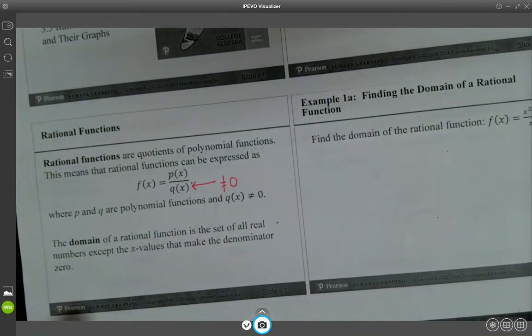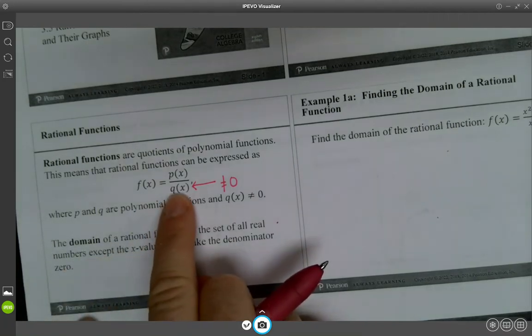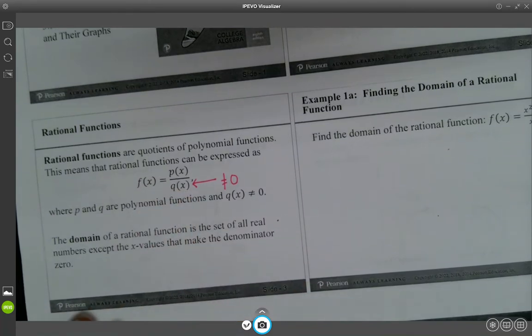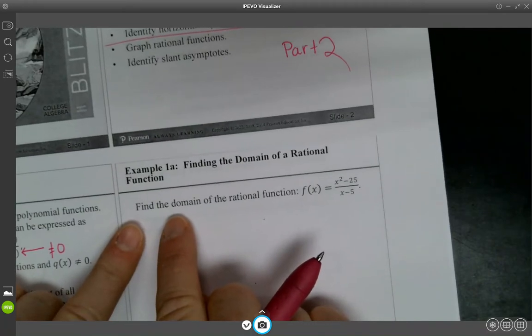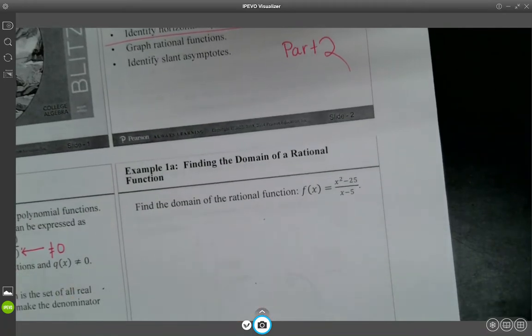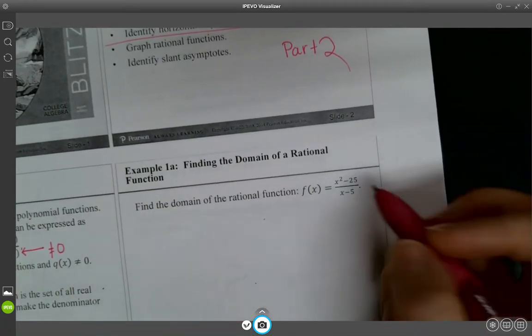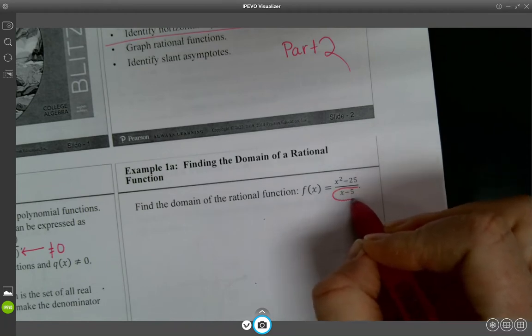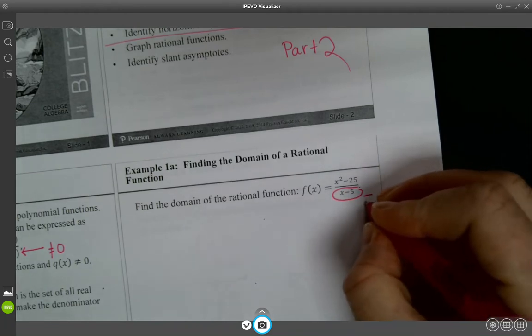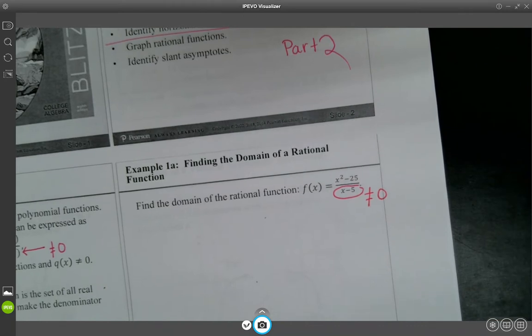What that's going to do is make it where we can do our domain restrictions. Anything that makes this denominator equal to 0 is going to be things that x cannot be. So if we're just looking at the domain of this function, we do know that this cannot equal 0.